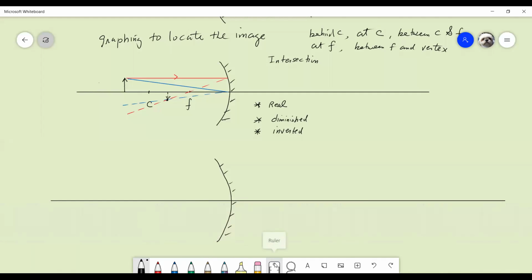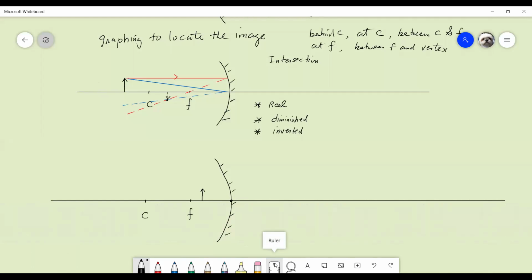Now I'm going to define my F and my C. Now what I'm going to do is put my object between the F and the vertex, right? Not the image, I keep saying image, the object.